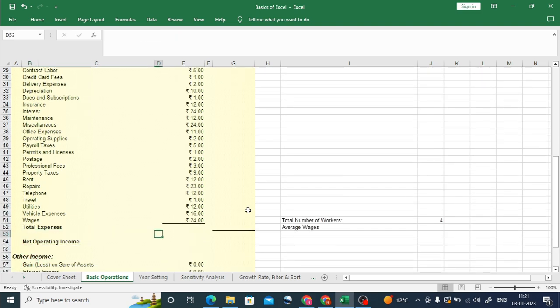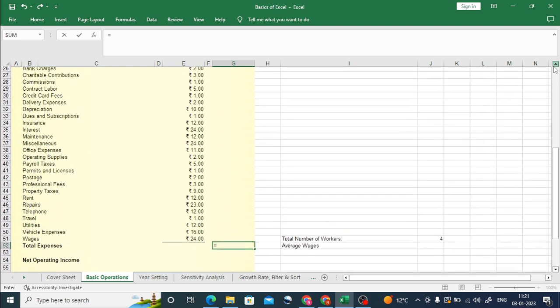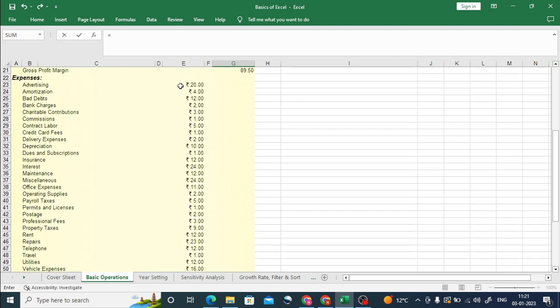One of the approaches of calculating the total expenses will be to type is equal to, then select advertising plus amortization plus bad debt. As you can see, this will take a lot of time because we have to select each and every expense and then type plus. Since we have so many expenses, it is going to take some time to calculate the total expenses.